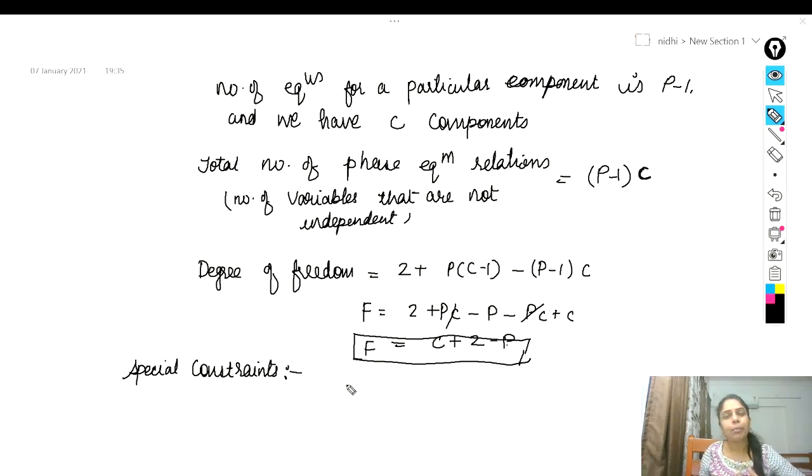Let's take the example of an azeotrope. If the azeotrope forms, the degree of freedom becomes less as the constraint xi is equal to yi, right? Because when the azeotropes are formed, at this condition, the mole fraction in liquid phase and vapor phase of component i will be the same, right?